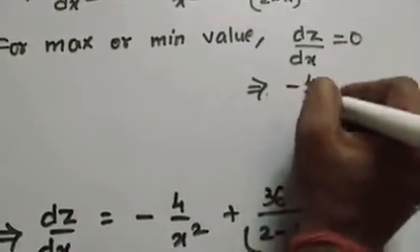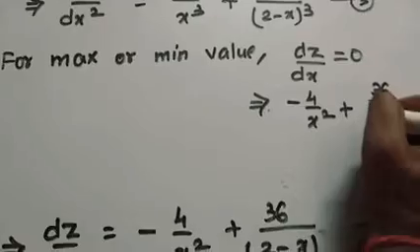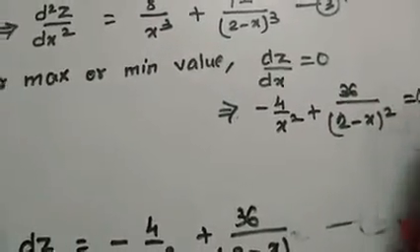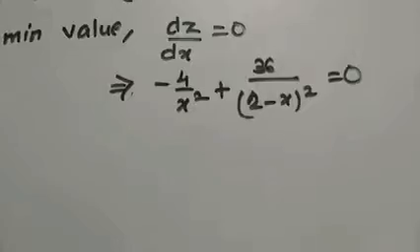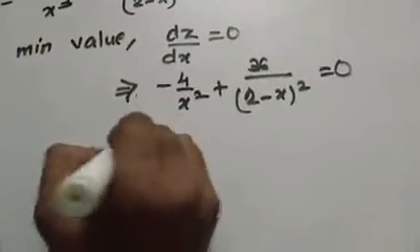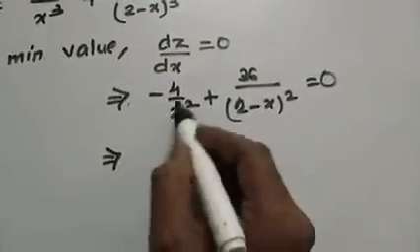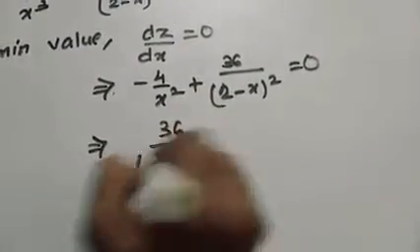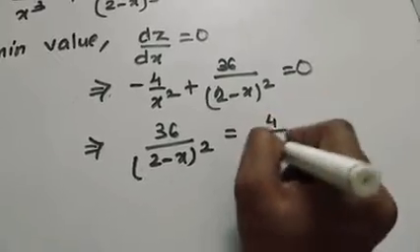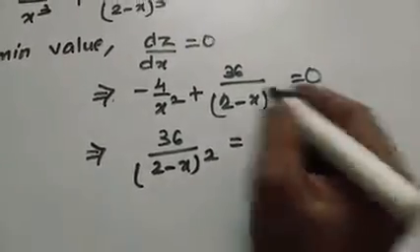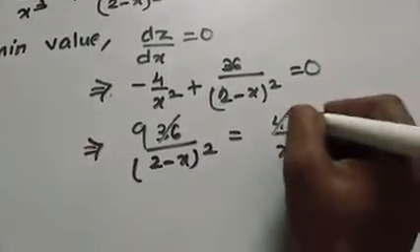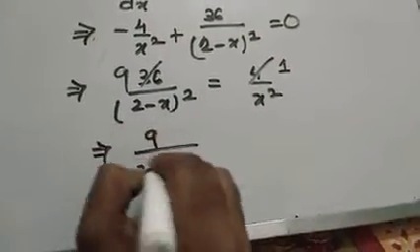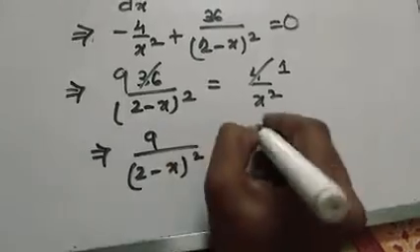Minus 4 by x square plus 36 by 2 minus x whole square equals 0. Now we have to solve this expression. Let us take minus 4 by x square to that side. So here remains 36 by 2 minus x whole square, and on that side 4 by x square. Okay, 4 and 36 cancel, giving 9 and 1. So that is 9 by 2 minus x whole square equals 1 by x square.